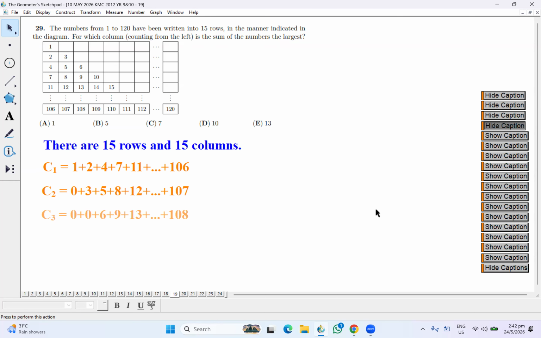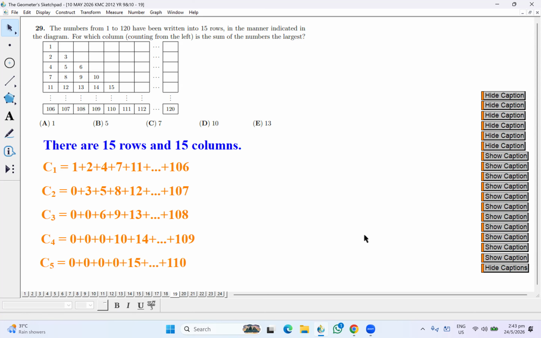Column 3 will have two zeros and start with 6, 9, 13. The last term is 108, given in the last row. Column 4 has three blanks on top, so three zeros, and the first number is 10. And then column 5.